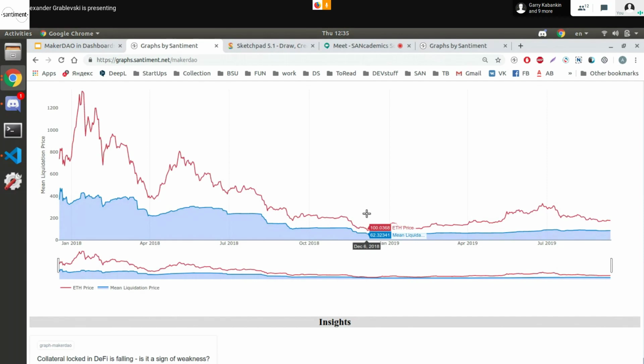I can't answer this question precisely, but I think it's about how people trust the MakerDAO system, not the Maker community, but the system itself.